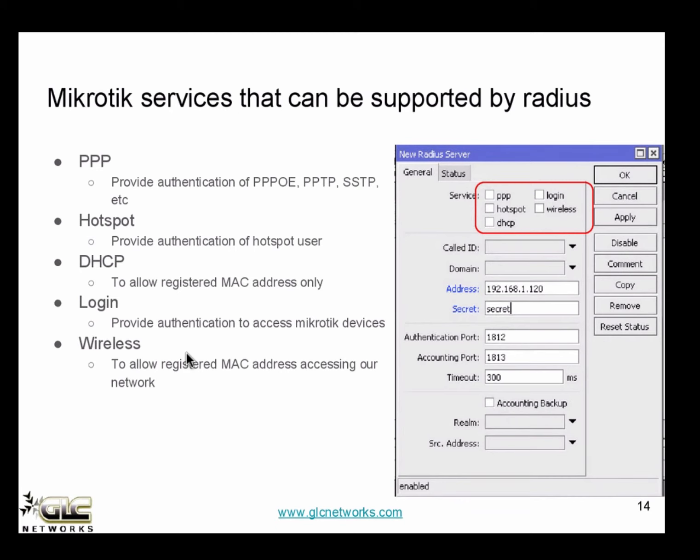PPP is very common. If you want to provide AAA for PPP, example PPPs are PPPoE, PPTP, SSTP, any VPN account authentication, that can be integrated with Radius.